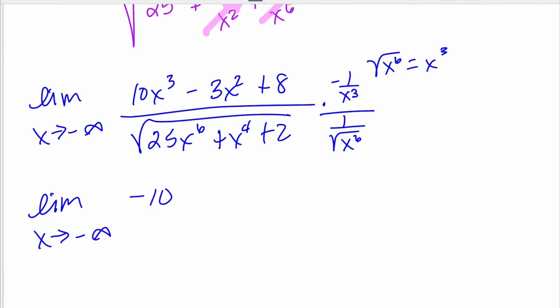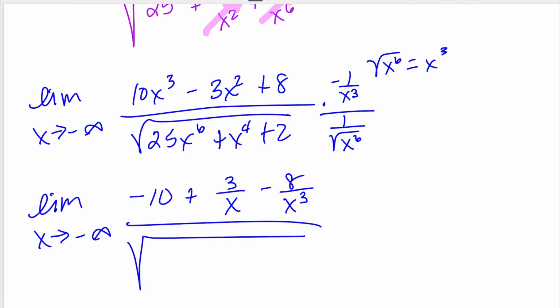So this is negative 10 plus 3 over x minus 8 over x cubed. And I've got 25 plus, again, because that's an even exponent, 1 over x squared plus 2 over x to the 6th.